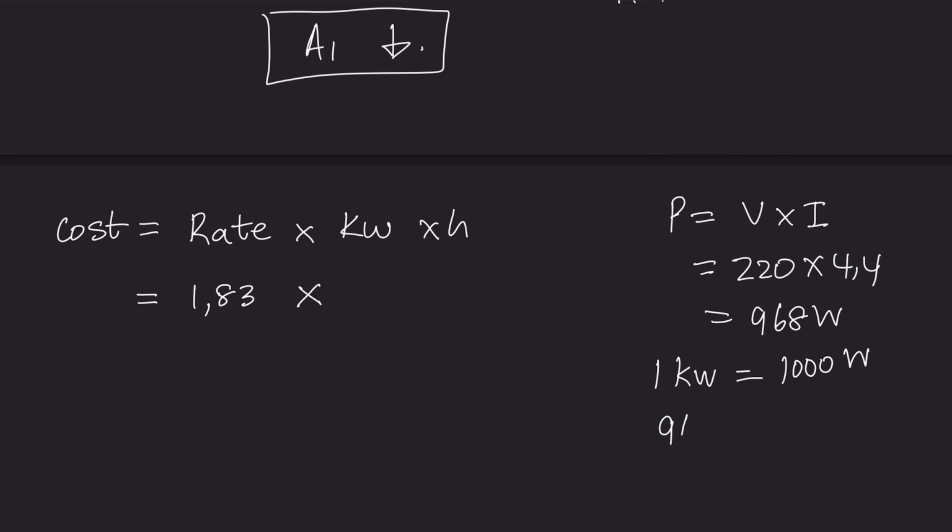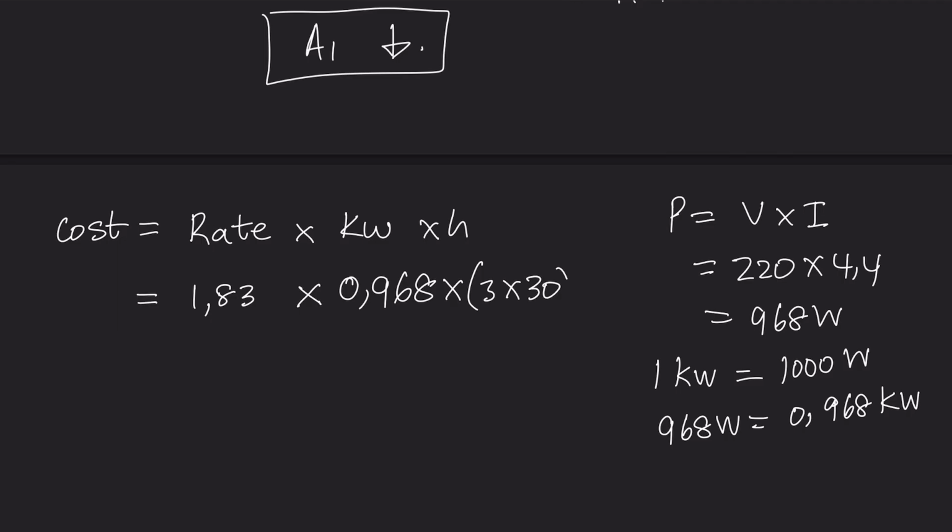So 968 watts is going to be 0.968 kilowatts. So here we're going to substitute 0.968, and the number of hours is 3 hours per day, and then 30 days in a month, or for 30 days. So you multiply all of that together, and then you get a total cost for the month, 159 Rand and 43 cents.